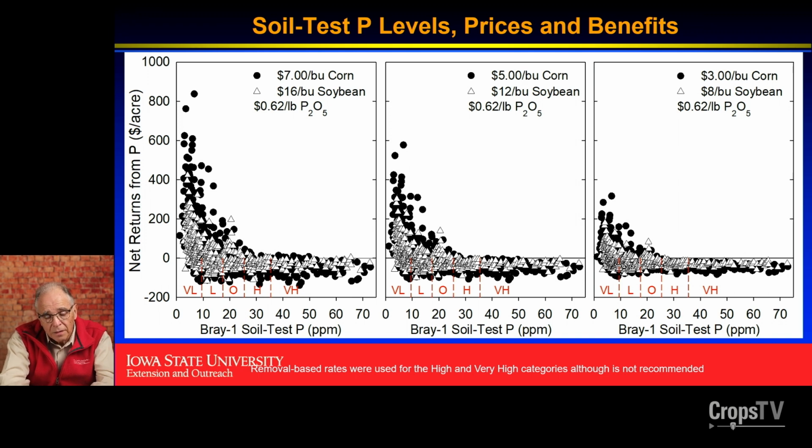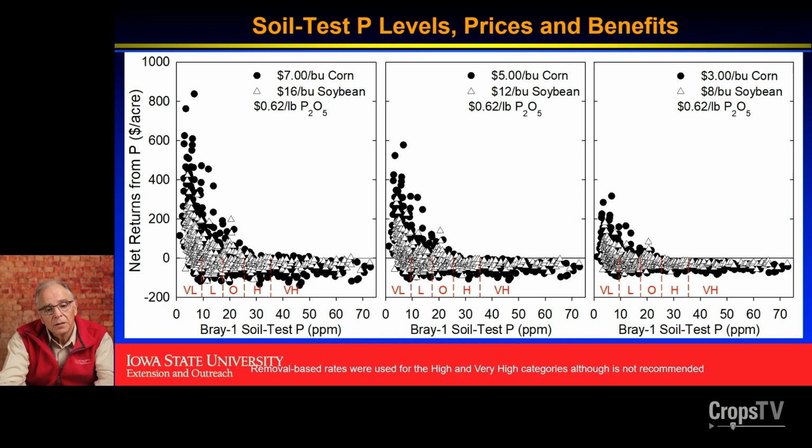So what you see here is that it's clear that in the low testing class, very low and low, there's a very high probability of response, especially for the scenarios in the left and in the center, okay? That's why I insist the farmer should not cut there. But then when you look at the high or very high, essentially most of the points are below the break-even zero. But many farmers in Iowa, more than half, they have high or very high soil test and they keep applying removal.